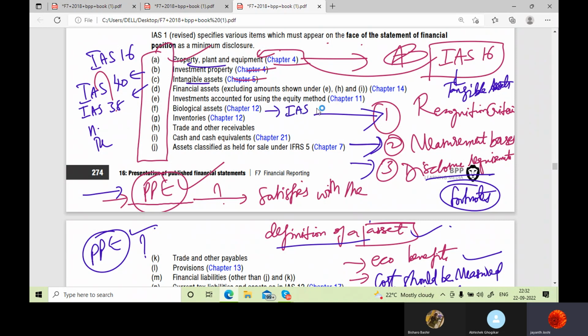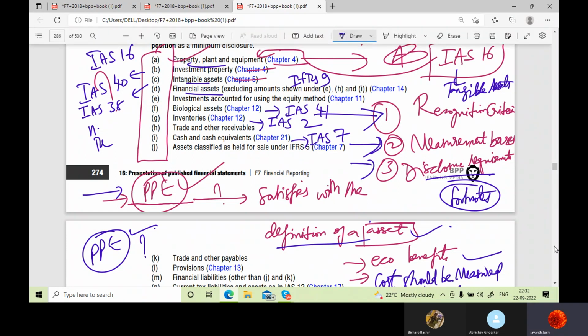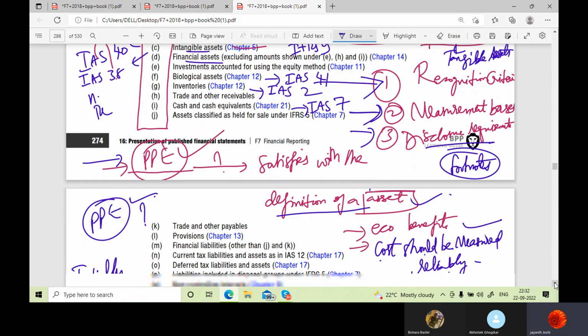IAS 41 deals with biological assets. IAS 2 deals with inventories. IAS 7 deals with cash and cash flow statements. IFRS 9 deals with financial assets. We will be discussing all this in the coming sessions, don't worry.